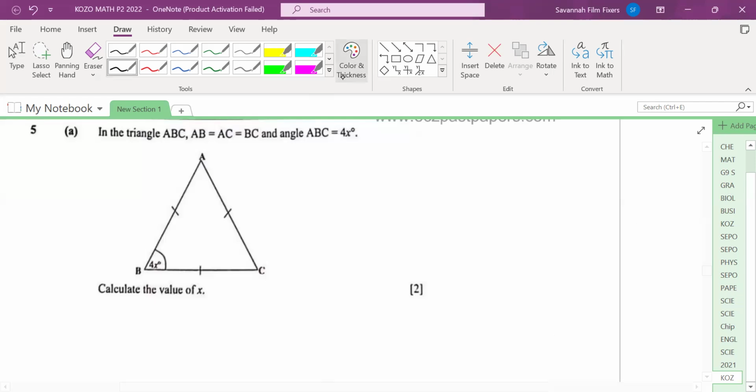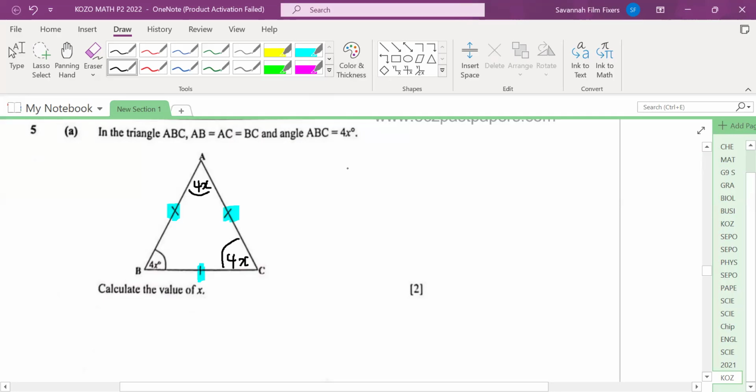Those lines on the triangle are showing that all of the angles are equal. Yes. So meaning angle ABC is 4x, including angle BAC, they are all 4x, right? What do we do next?